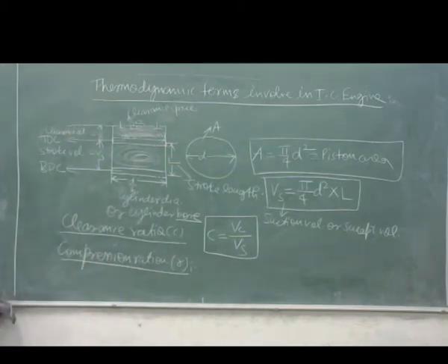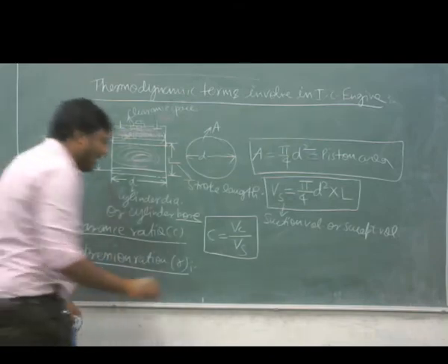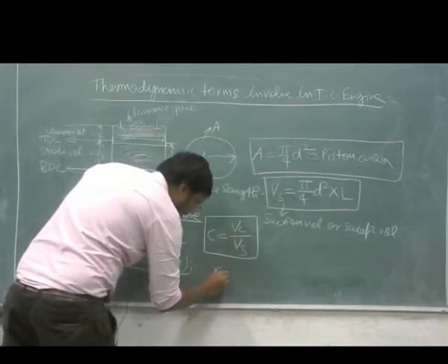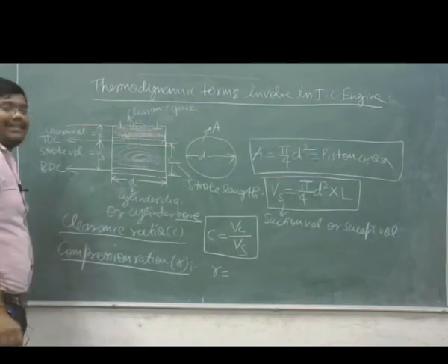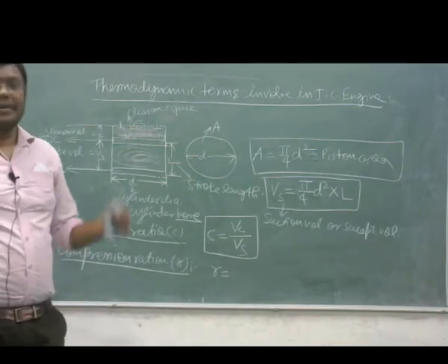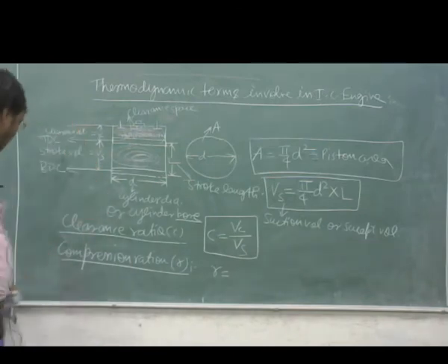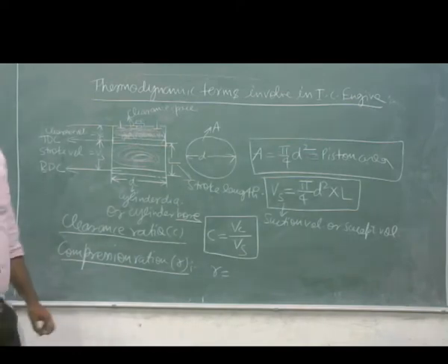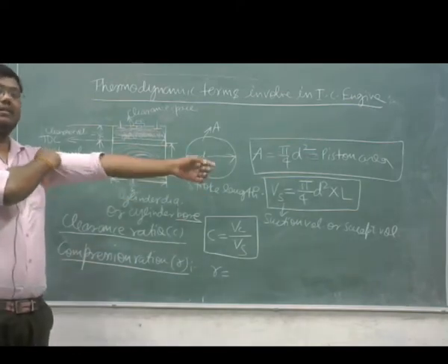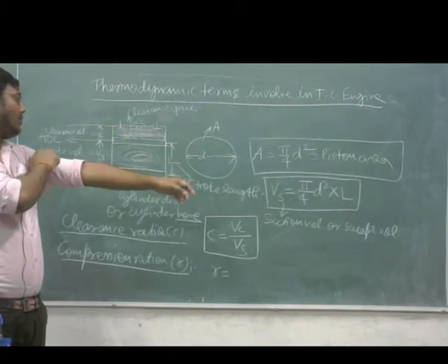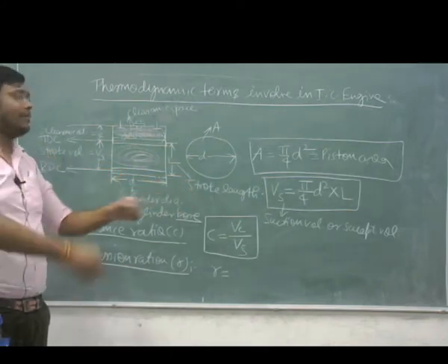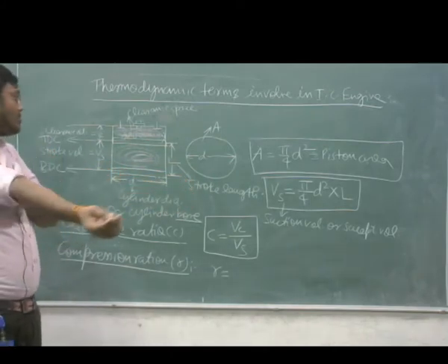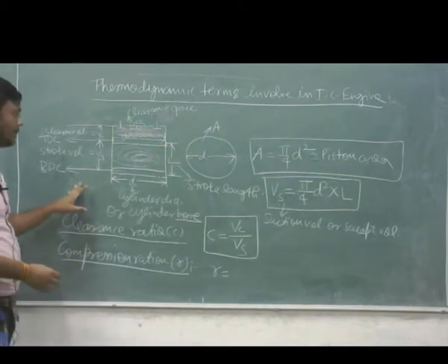Compression ratio r is the ratio of volumes during the compression stroke. So first we need to understand how the compression stroke happens.